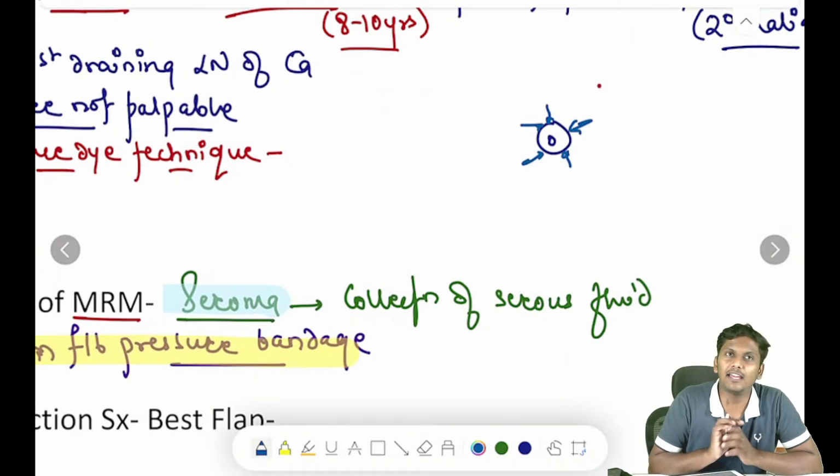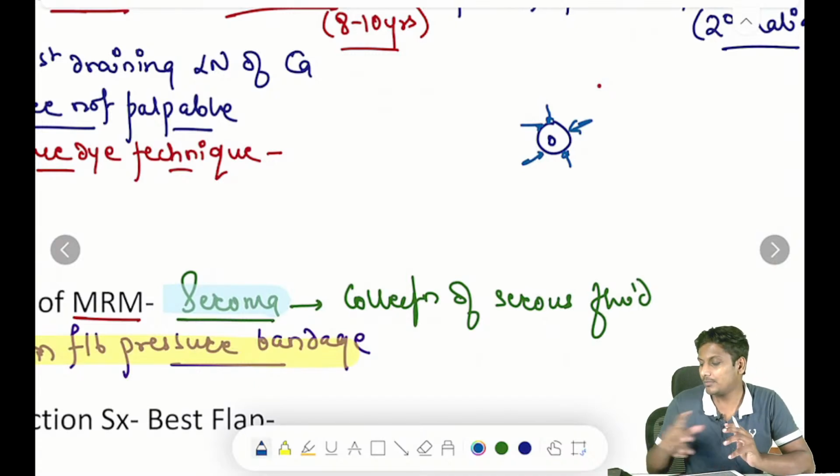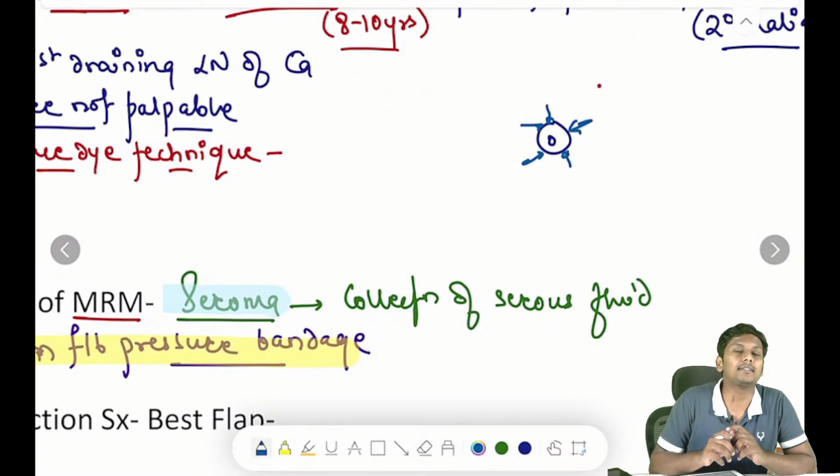Okay? And then definitely this dye will go to the breast cancer. From the breast cancer, this dye will also go to the lymph nodes. You have to remember the dye can go inside the lymph node, and the first lymph node in which it drains is called a sentinel lymph node.